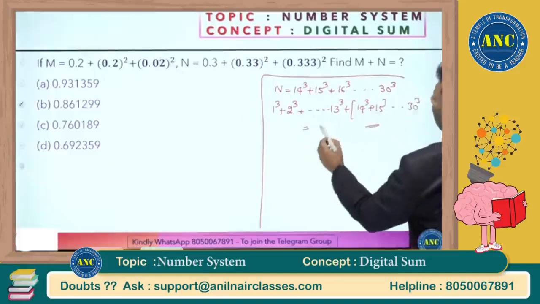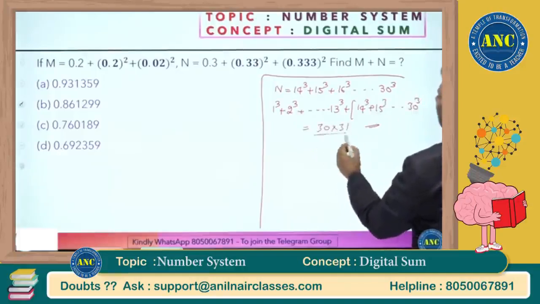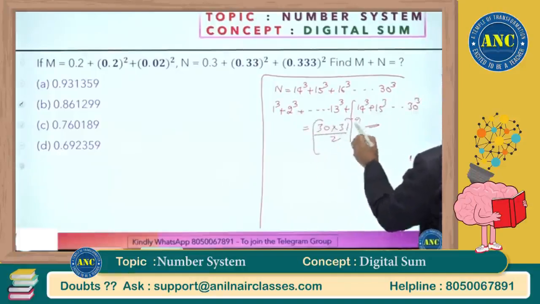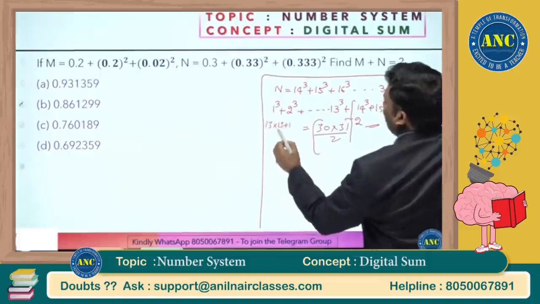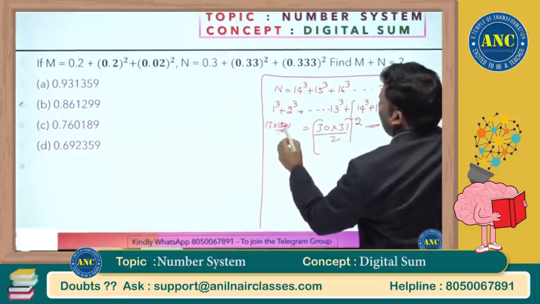Which method will most students use? Students know that the sum of the cubes of the first n natural numbers is n into n plus 1 by 2, whole square. Am I right? So here, 13 into 13 plus 1 by 2.